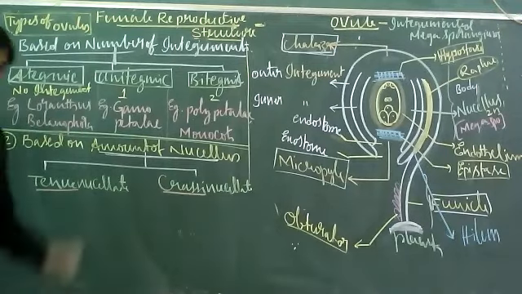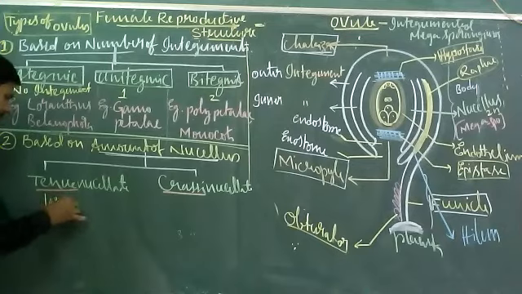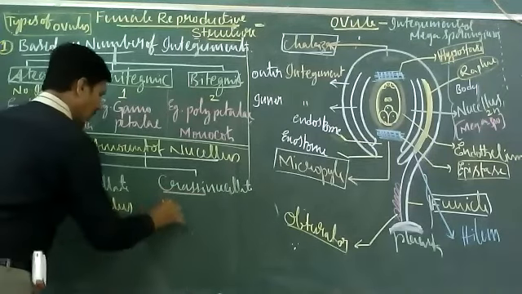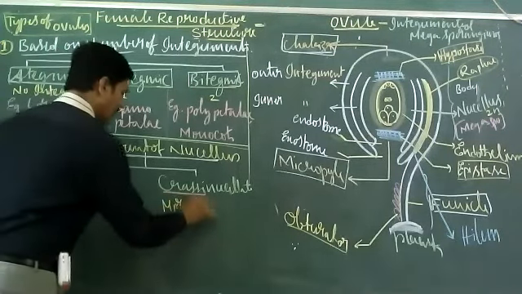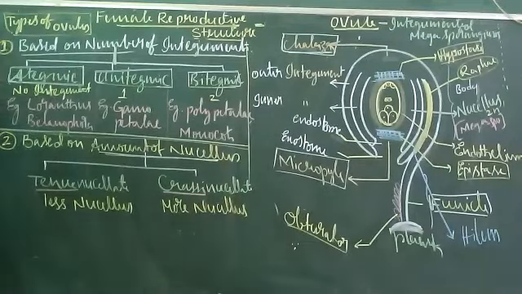Here, very less amount of nucellus. These ovules possess less amount of nucellus. Here, these ovules possess more amount of nucellus.